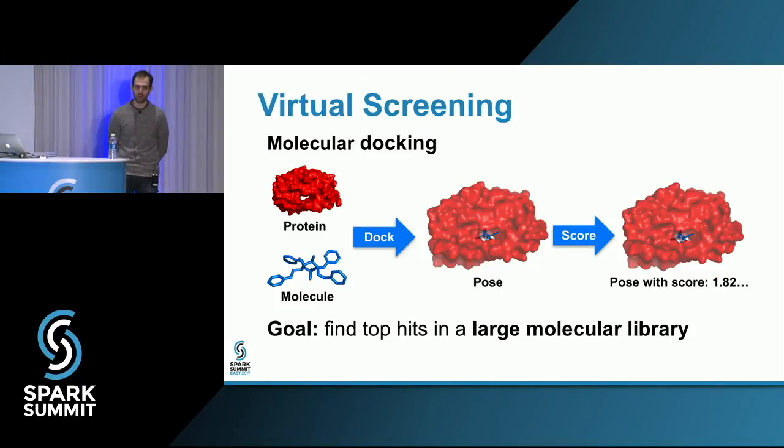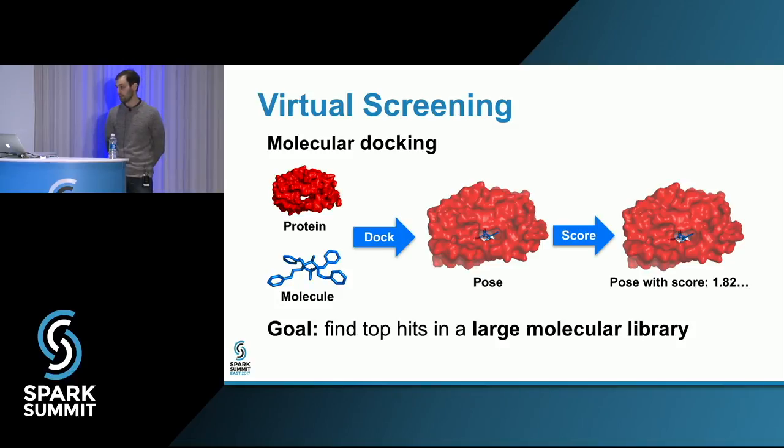Now I'm going to show something that is quite useful. Virtual screening is an in silico method that is used in the drug development cycle. And I need to give you some background first on molecular docking. So this red monster that you see there, it's the HIV protease protein.